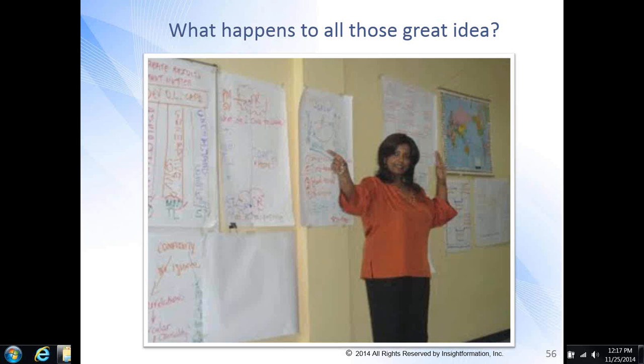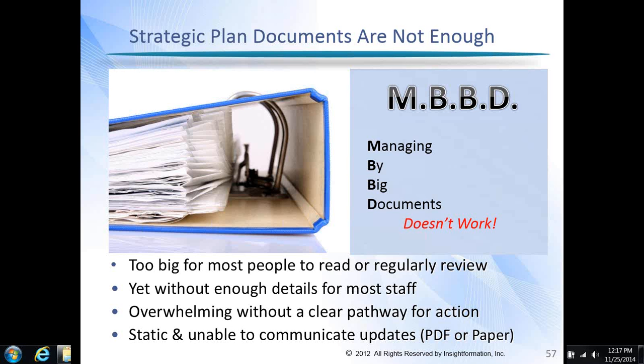A question also happens when you have those meetings, you have discussions, what happens to all that content? How much of it really gets meaningfully moved forward into action? And oftentimes it ends up in big documents. So continuous communication is important, but the question is, how do you do it?